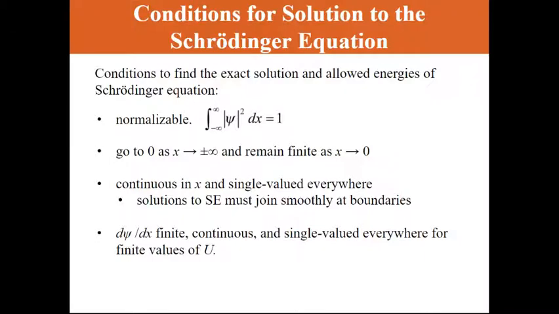So we talked about some ground rules before for what a wave function needs to be to describe a real particle, and we're going to summarize them here. The function must be normalizable, which means the particle has to be found somewhere, so the wave function basically has to drop off to zero as you head into infinity.